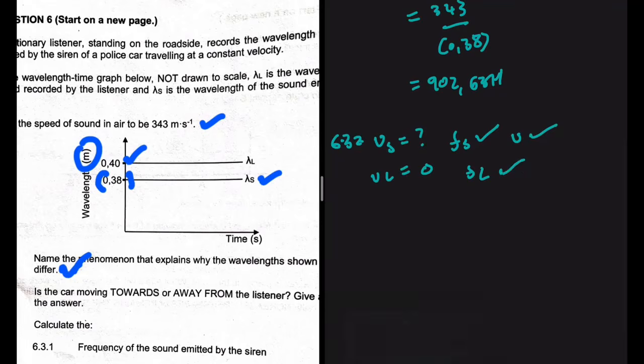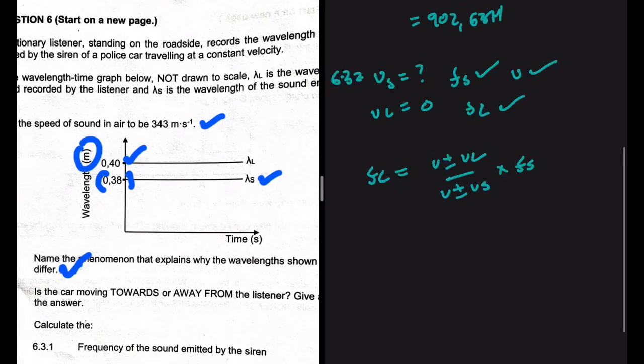So with these variables, we can say FL is equal to V plus or minus VL, divided by V plus or minus Vs, multiplied by Fs. So FL, the frequency observed by the listener, is 343 divided by the wavelength, which is 0.4. So this is the frequency observed by the listener. And then we have V, which is 343. The listener is stationary, so plus or minus 0.